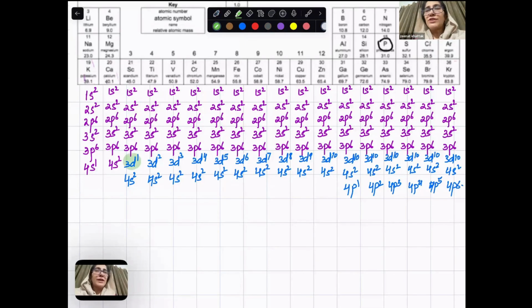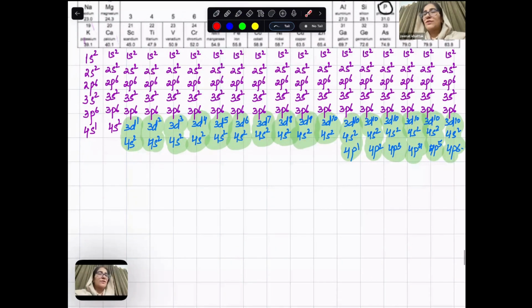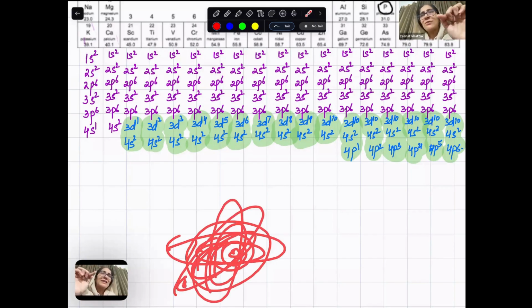Listen, we know that 3d and 4s are very, very close. And the closeness is the reason. In an element, this is the nucleus, 1s, 2s, 2px, 2py, 2pz, 3s, 3px, 3py, 3pz, and then 4s, and then 3d.